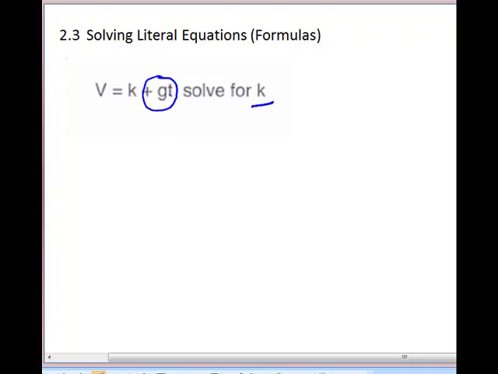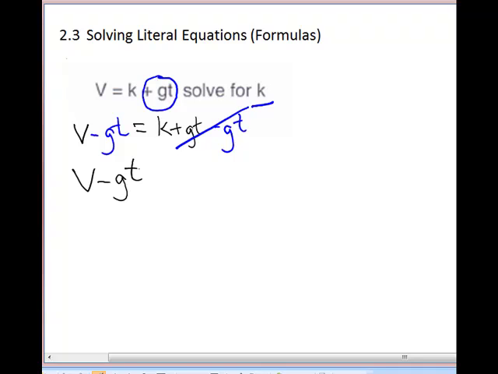It's added, so we should subtract to take it off. So I'm going to subtract the GT. And on this side, when I subtract, it is gone. It's fine to do that step in your head when you're ready. That isolates the K.